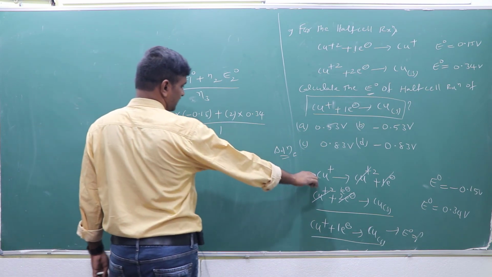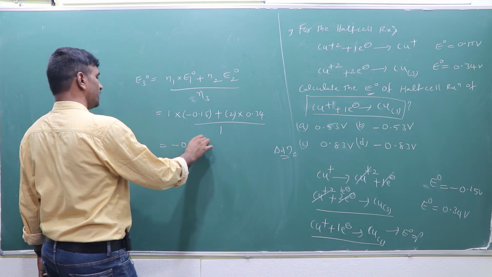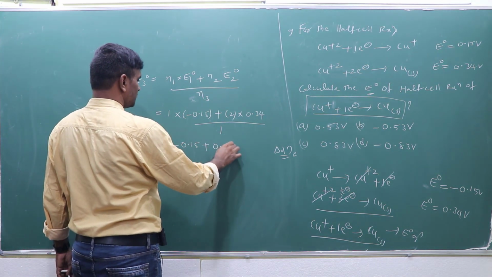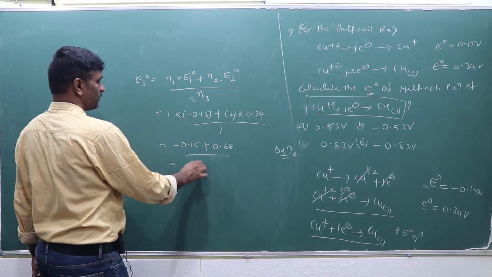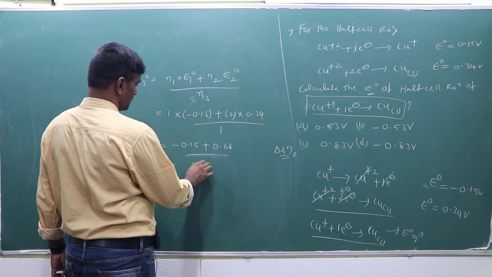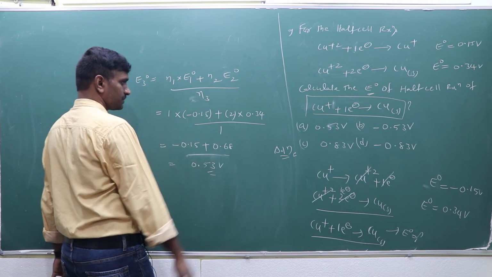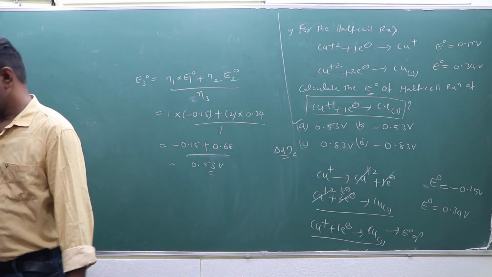This is the first reaction case, the second reaction case, and this is the third one. How much is it? Minus 0.15 plus 0.68, divided by 1. How much is there? 0.53 volts. Option A is the correct one. Right?